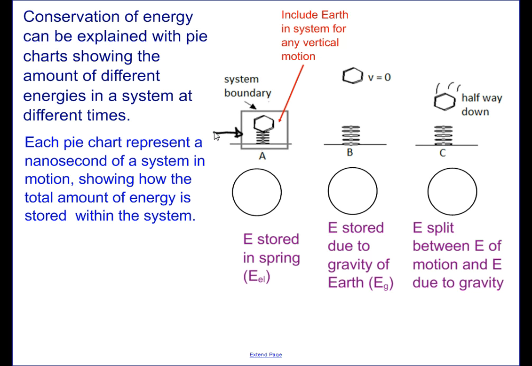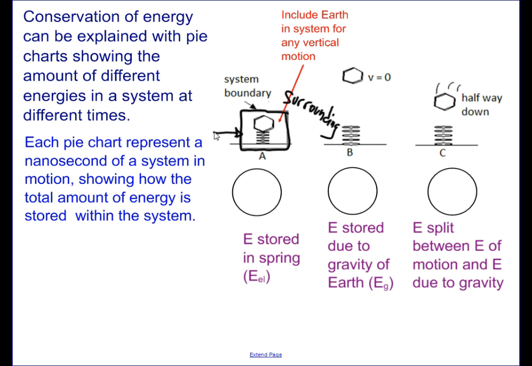Everything within this box is going to be considered our system that we're going to analyze. Outside the system is known as our surroundings, which is just anything that is not directly part of the system. Some of the pictures we have here represent a nanosecond of a system in motion. So this system has a spring and an object on top of it.